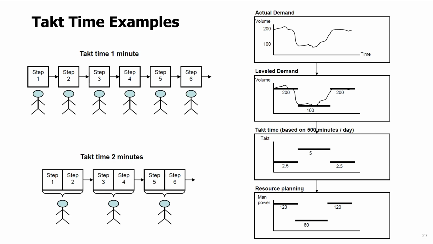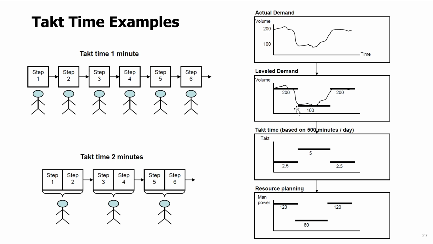Here are some takt time examples. Imagine during some time, the demand is roughly 200 units per unit of time, and then it drops to around 100 units per unit of time, and after some time it increases, right? So maybe it's hard to predict this demand, but what is important is that we can adjust capacity.